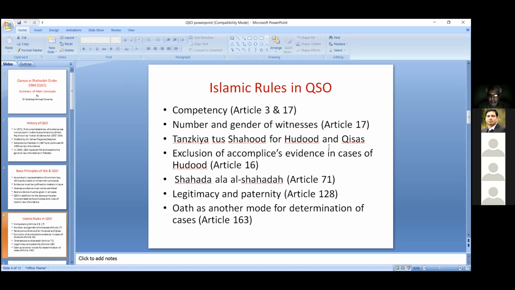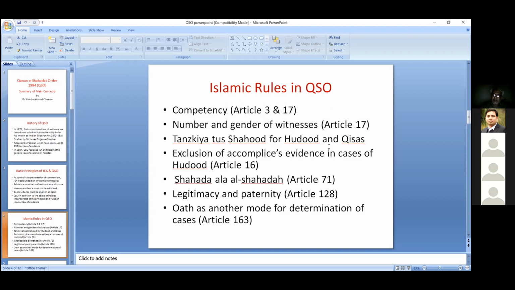And then another provision dealing with legitimacy and paternity is provided in Article 128. The concept of paternity, maternity and legitimacy, those who have done LLB are well aware of. In Islamic law, the presumption of legitimacy is one of the very sacred presumptions, and that's why if we go through the provision in Article 128, you will see there is a definite tilt toward presuming someone as legitimate.